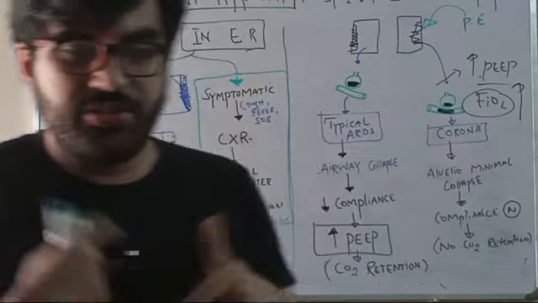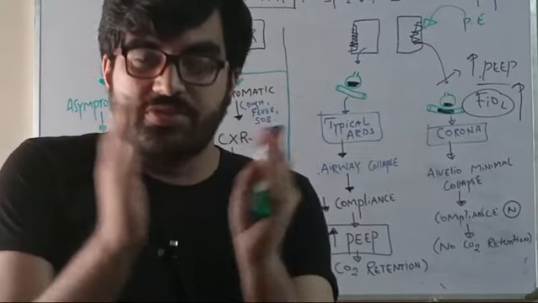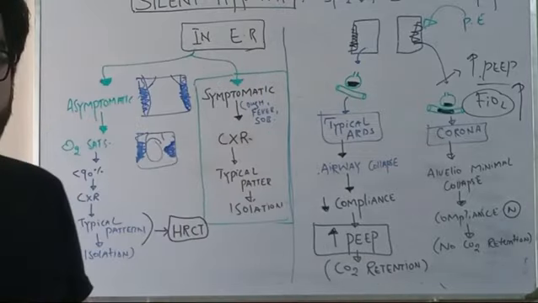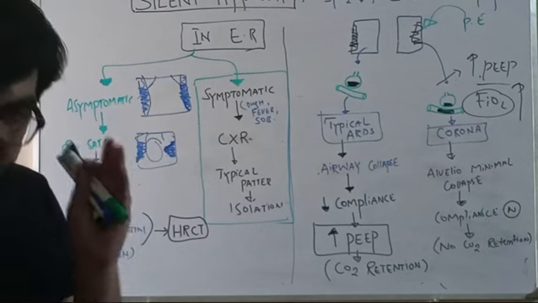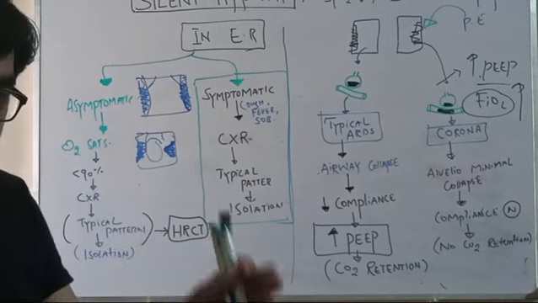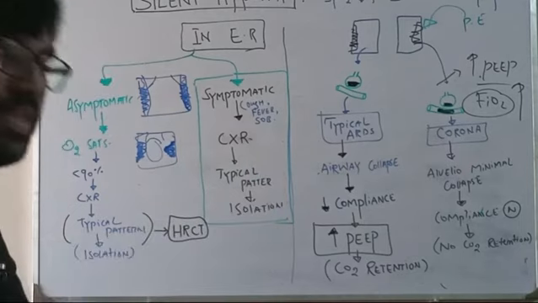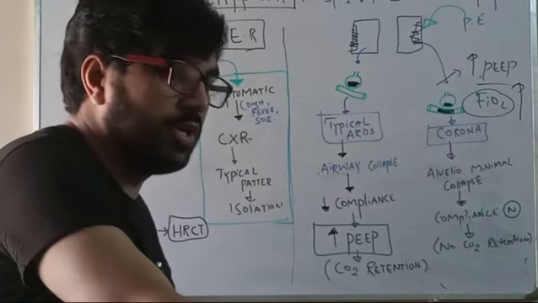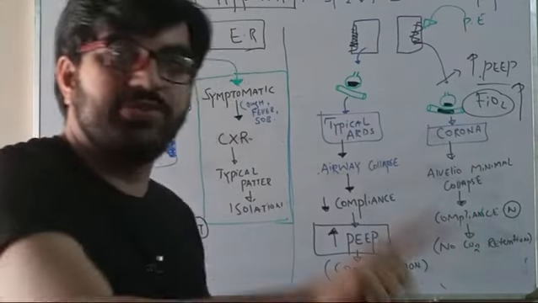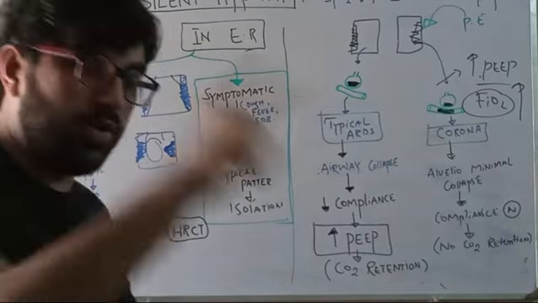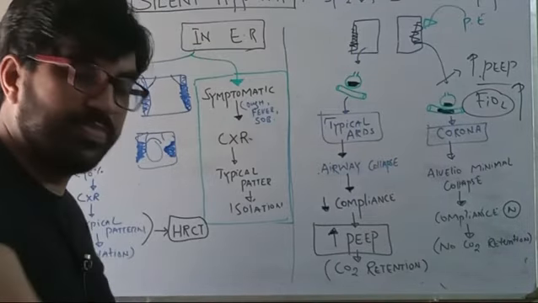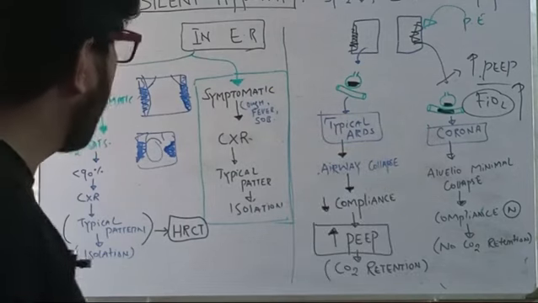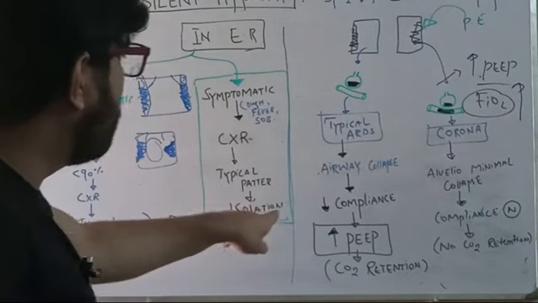In the later stages, it involves the central zone as well. So for bilateral patches, bilateral opacity, think of COVID-19 at the top, then second, viral pneumonia, that is influenza, parainfluenza, rhinovirus, adenovirus, respiratory syncytial virus, and involve the isolation.